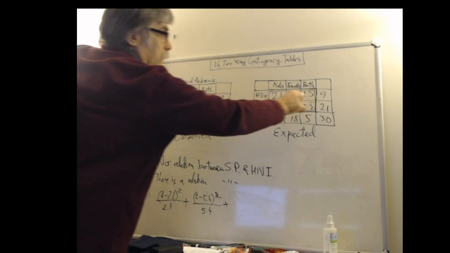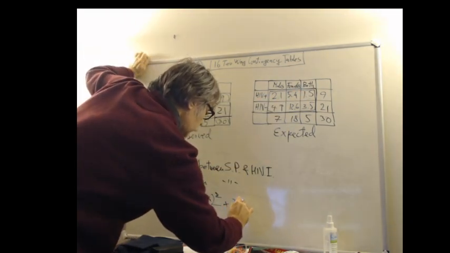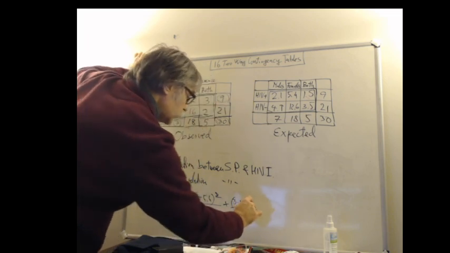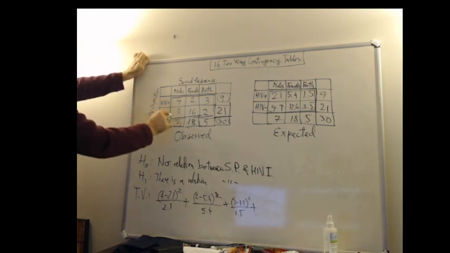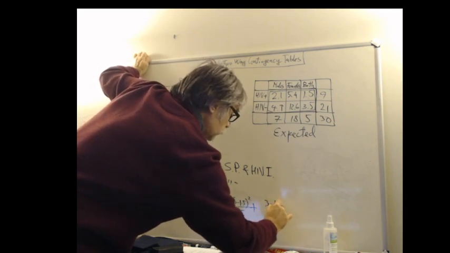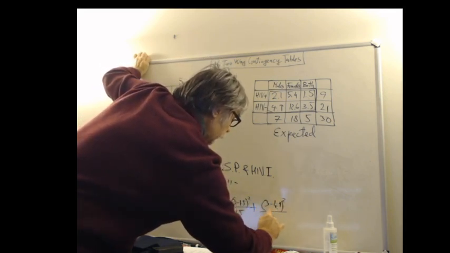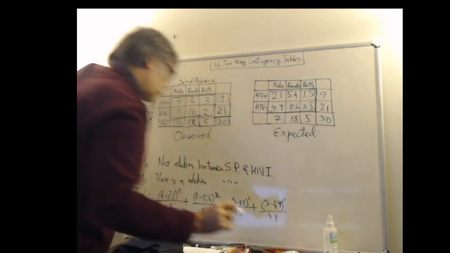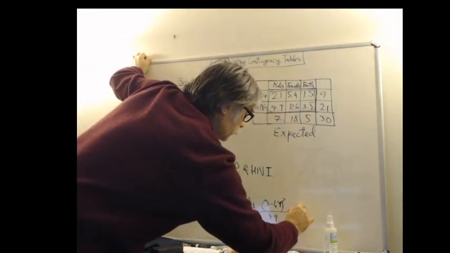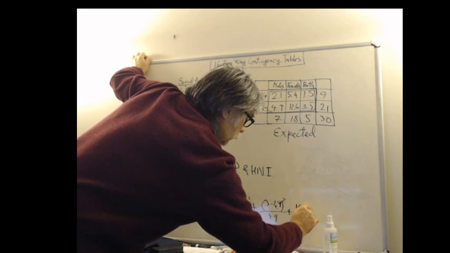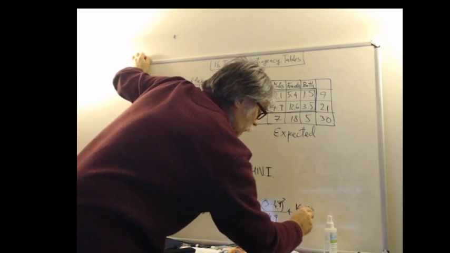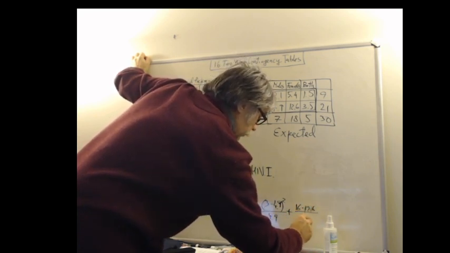Again, 3 minus 1.5, so the observed value minus expected value squared divided by the expected value, plus the next one, this one, main body of the table only, right? 3 minus 4.9, square that, divided with 4.9, plus 16 minus 12.6, squared, divided with 12.6.